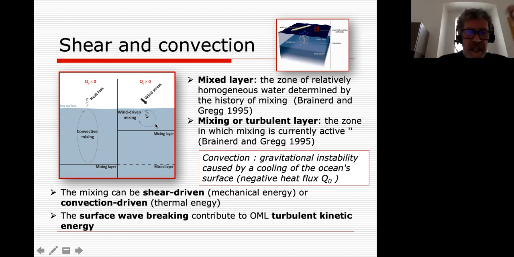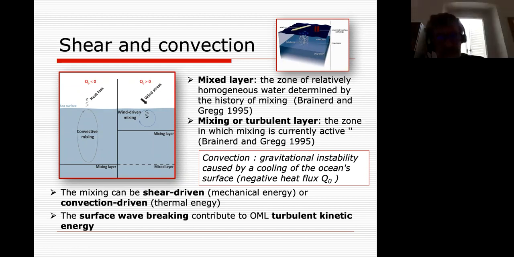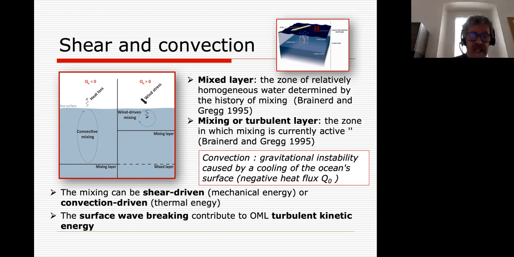I partially agree with that, it is more a definition, but what is important is to keep in mind that we can have an active mixing layer and a mixed layer which is originated by, for example, convection.